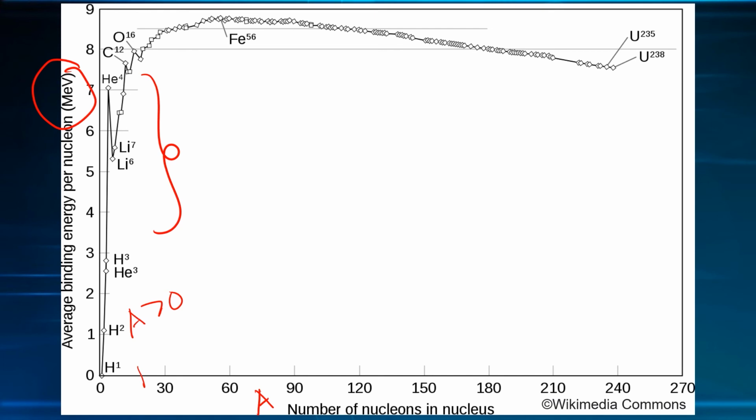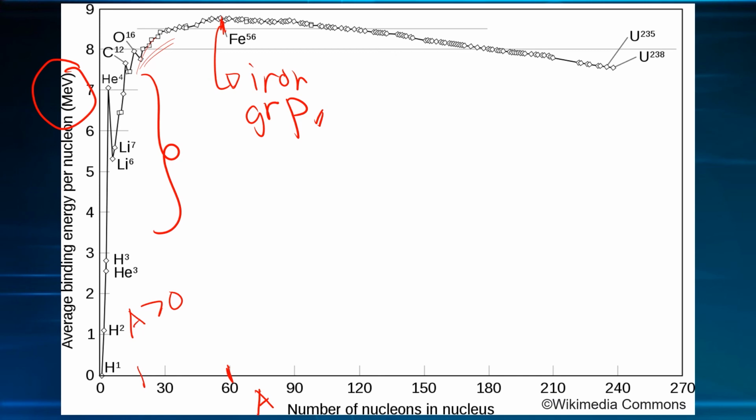And between 20 and 60, the average binding energy per nucleon starts to saturate until A is equal to 60. This refers to the iron group, formed by nickel, iron, and cobalt, with about 9 mega electron volts per nucleon of binding energy.